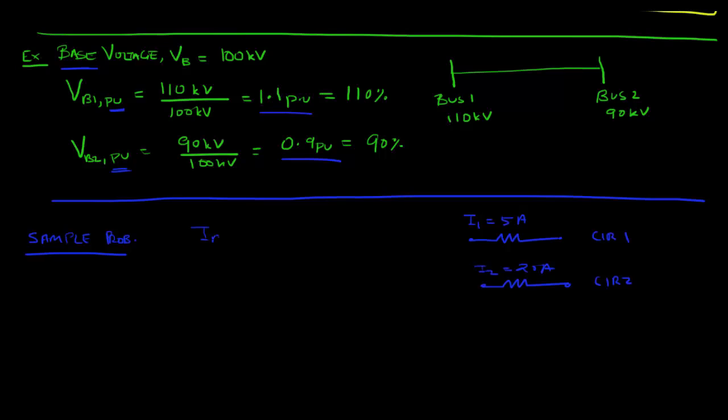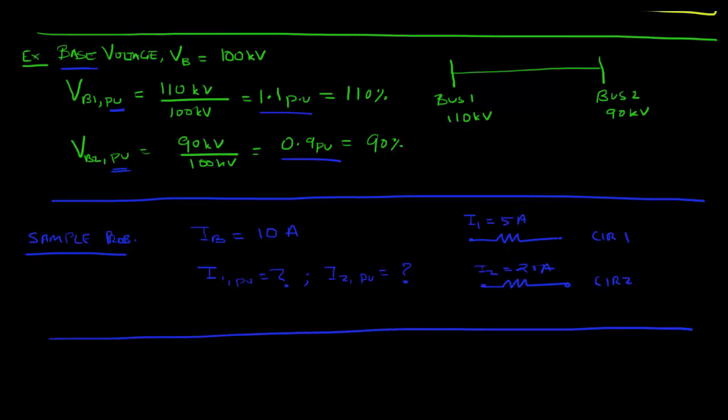What you're also given is your base current is 10 amps. What I'd like you to find is what is I1 in per unit and what is I2 in per unit. Those are question marks there. So hopefully I've given you enough information to solve this. It's very easy to solve from here.